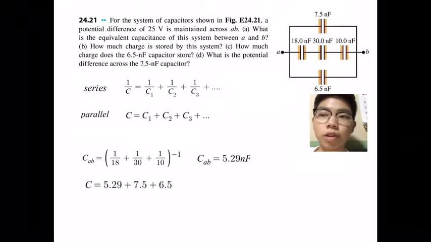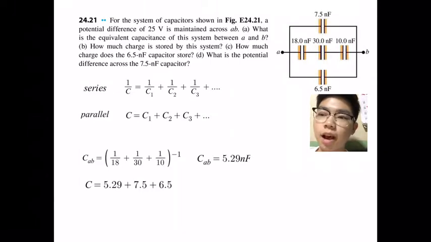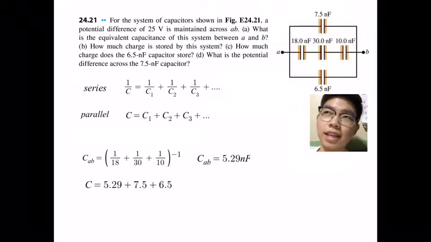Meanwhile, since we're trying to find the total charge stored by the system, first we need to find the total capacitance of this entire system. As we know, we can treat the total capacitance of the series as more of a parallel capacitance already. So we can just add this to the remaining capacitances.